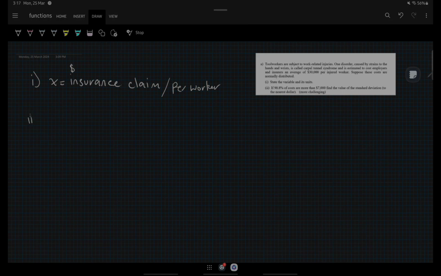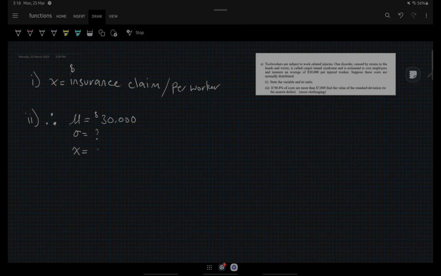Number 2. This is the fun one. 90.8% of costs are more than $7,000. Find the value of the standard deviation to the nearest dollar. Okay, so let's just go through the givens. We're given the average is 30K. The standard deviation is unknown.